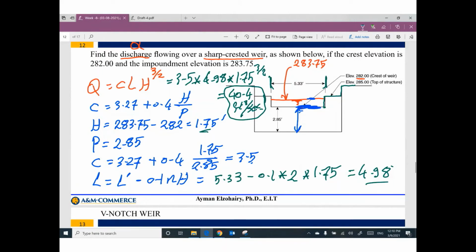Any question? So make sure if we are talking about sharp crested weir, we need to figure out the value of C and the value of L before using the discharge equation.